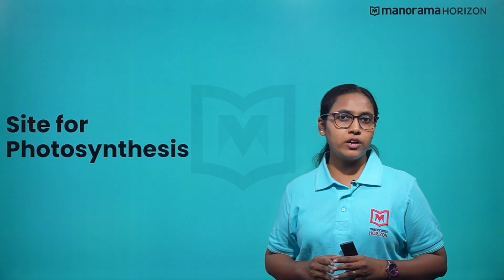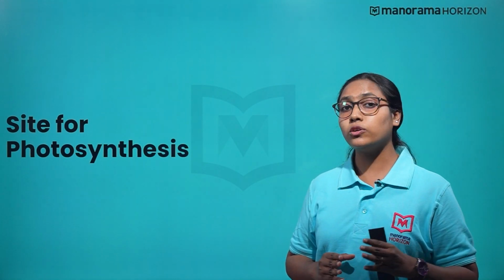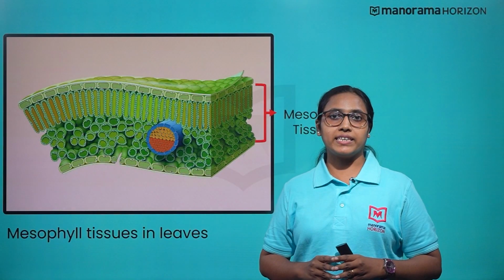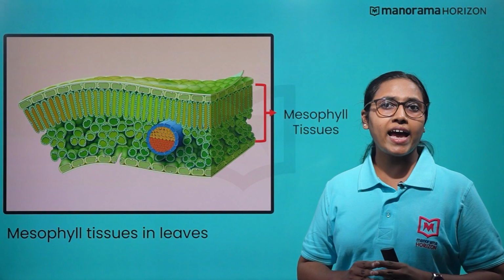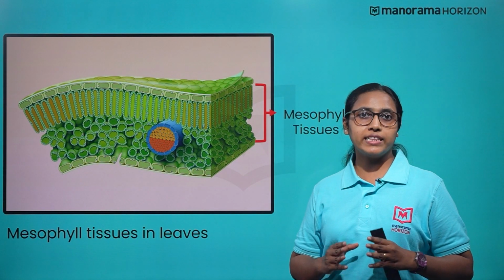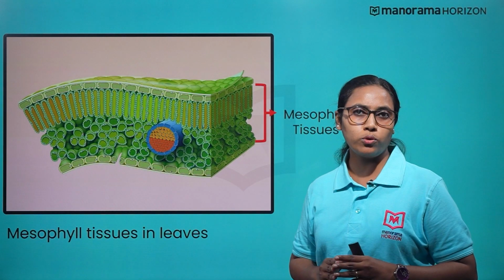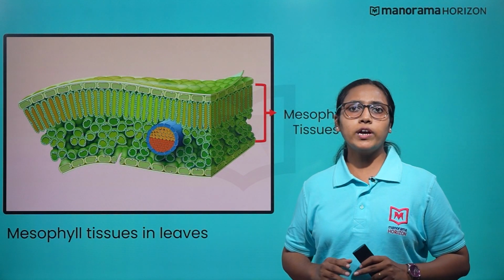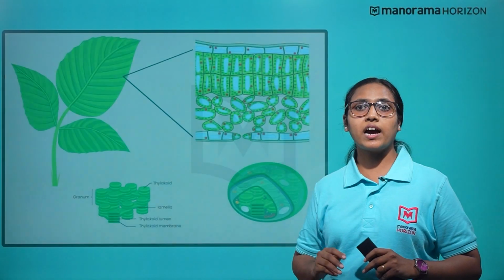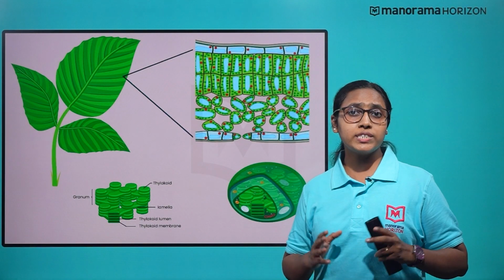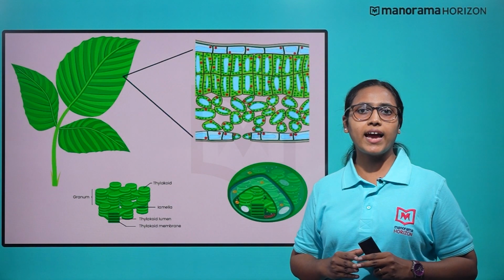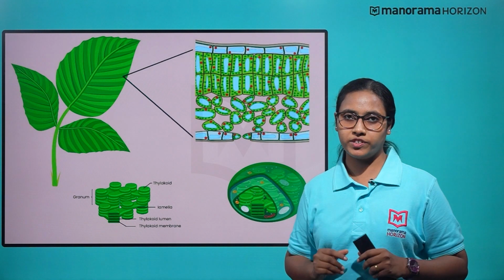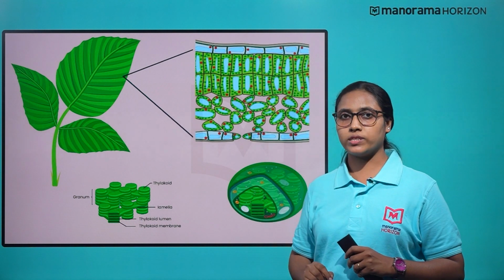Are you able to recall the part of the leaf that undergoes photosynthesis? Yes, it's mesophyll. They have numerous chloroplasts in their cells which help the process to occur quickly. If you look at the mesophyll cells under a high power microscope, you see that the chloroplasts are aligned in the periphery of the mesophyll cells, just near the walls.